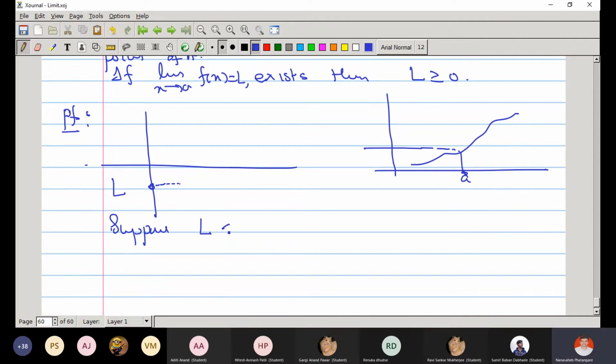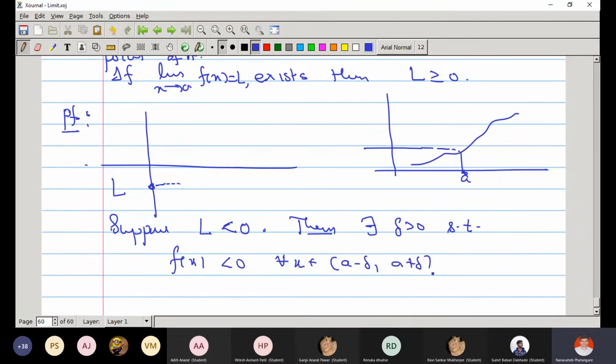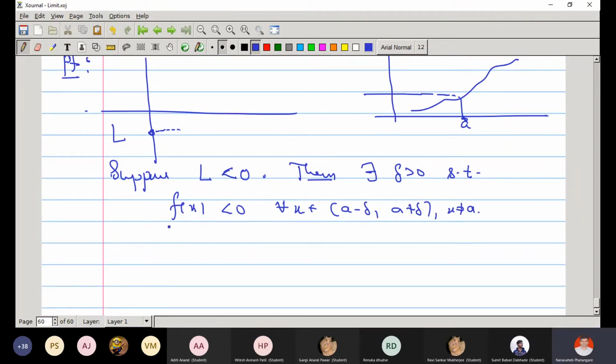So suppose the limit is not greater than or equal to 0, what will happen? Just go back and recall the previous statements we have discussed so far. Suppose L is not greater than or equal to 0, that means L is negative. Then recall the theorem: if the limit of a function at a point is negative, then there is a neighborhood in which the function is negative. Am I right? Yes, sir. So f(x) is negative for all x in (a minus delta, a plus delta), x not equal to a. So what is the problem? Is it a contradiction?